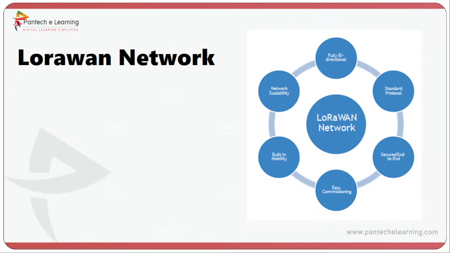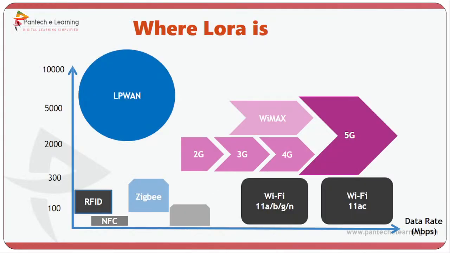LoRaWAN technology, or LoRaWAN network, also comes under this embedded system part. If you need to do any project related to these technologies with the embedded system, you can choose this LoRa technology. LoRa technology is nothing but a technology related to network-based things. You can see RFID and ZigBee.